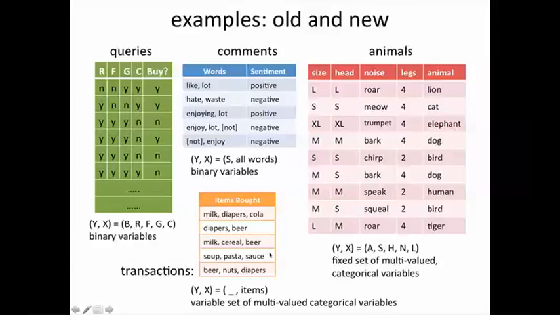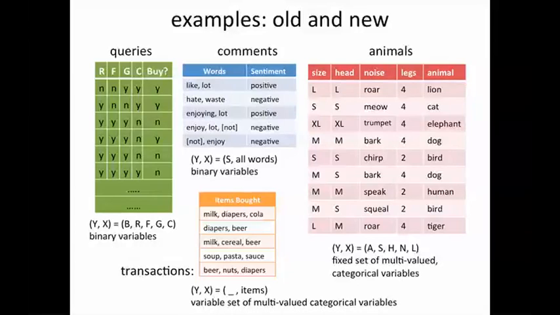And here we have, interestingly, no output variable, but only features, which are just the items that people buy. And the items are, again, multi-valued categorical variables, but they're a variable set, just like the comments that we had earlier, that you could consider the set of all possible items and have binary variables, or you could have a variable number of features and multi-valued categorical variables.